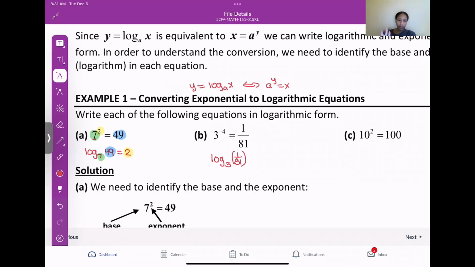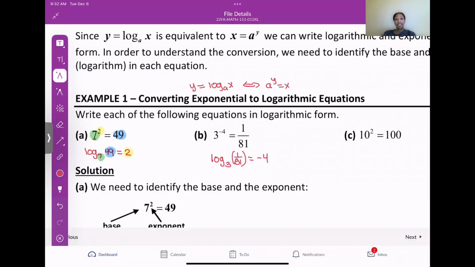Occasionally, I hear people read this as log 3 to the 81st power? No, that is not an exponent. The 3 is a subscript, it's a base. The 1 over 81 tells us what we want our output to be. Okay, so this is saying if I take 3 as my base and I want to get 1 over 81 as the output, what should the exponent be? The exponent is -4. So the logarithm equals -4.